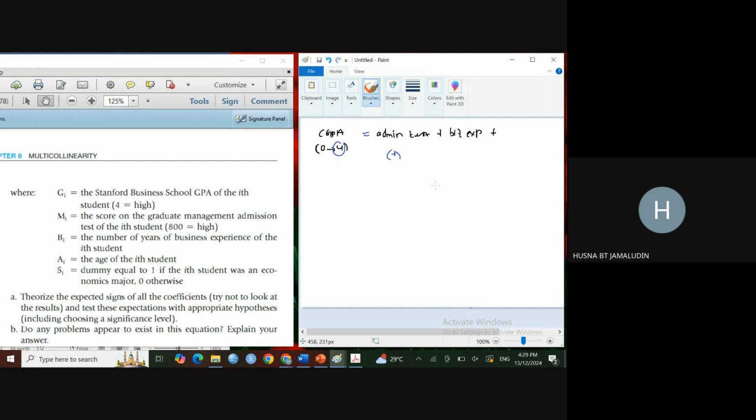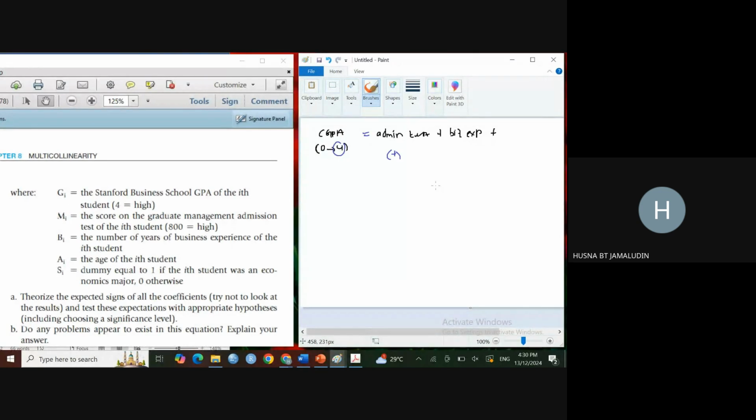But I may also think having experience in doing business in the market doesn't really affect your result in the business department, the business subject. Because sometimes when you are studying the business subject, they may require you to understand maths, heavy maths, understand the formulas, know how to do the calculation.